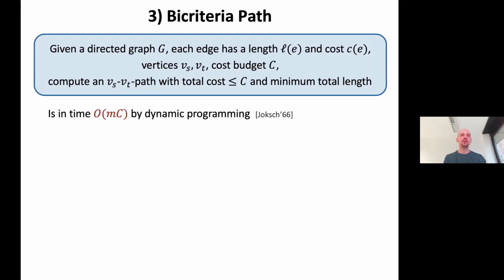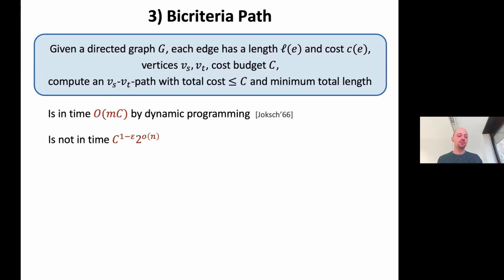Okay, there's a classic dynamic programming solution that solves this in time n times C. Basically, you should just compute for each vertex and for each cost, what's the minimum total length to reach this vertex with this cost. Very, very straightforward.